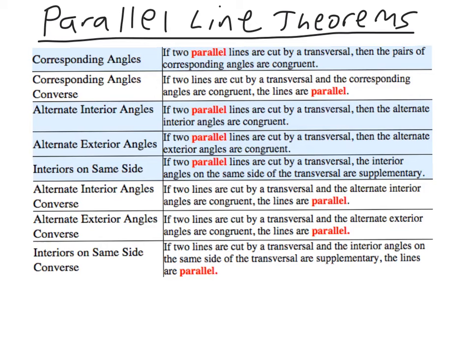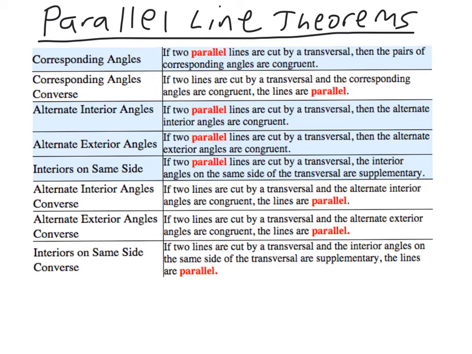They say, using the corresponding for example, if two lines are cut by a transversal and the corresponding angles are congruent, then the lines are parallel. So, instead of assuming that we already start off with parallel lines, we're now saying if you have two lines cut by a transversal and the corresponding angles are congruent, then those lines are parallel.